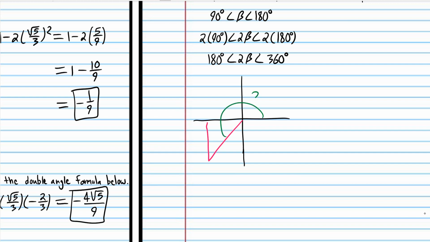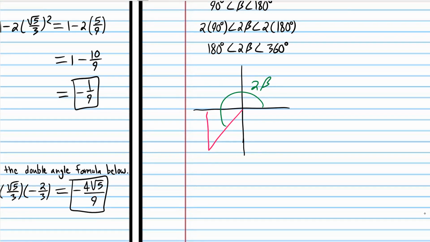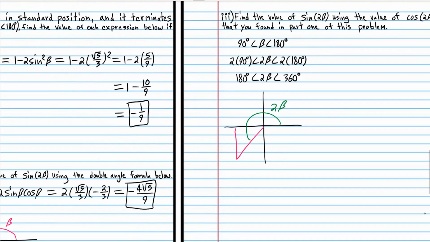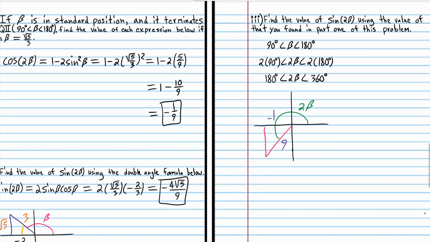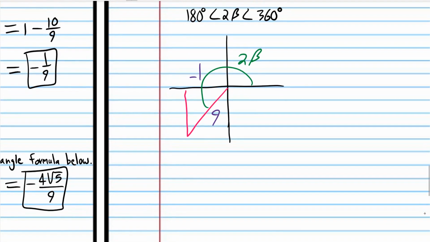So that is 2 beta, and we know cosine 2 beta is negative 1 over 9, and we know that because that was the first step. We found cosine 2 beta. So now we're going to use the Pythagorean theorem.